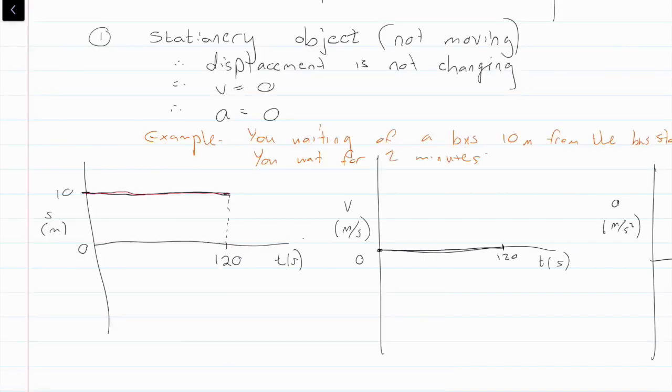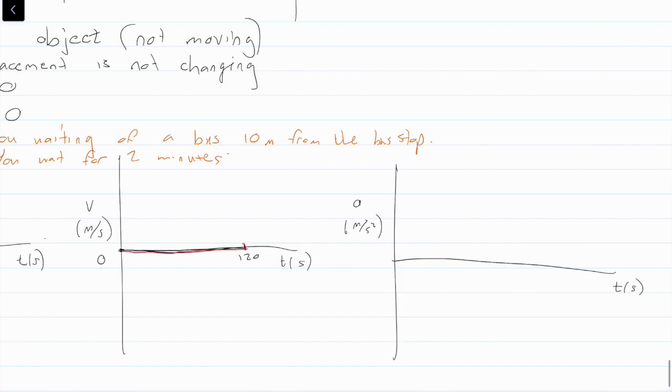For the acceleration time graph, same situation, there is no acceleration, so our graph is just flatlining on the axis until 120 seconds.